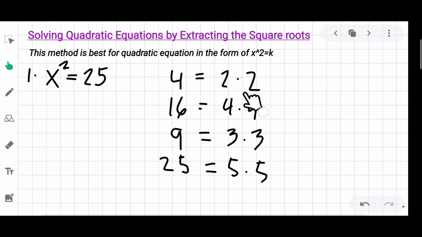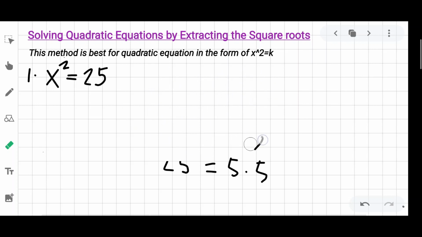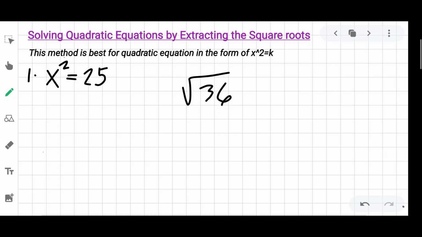So kapag meron tayong perfect square, let's say for example, we have to get the square root of 36. Sa tingin ninyo, ano kaya ang sagot na ito? Yes, so the answer is positive and negative 6. So, bakit kaya may positive at saka may negative?